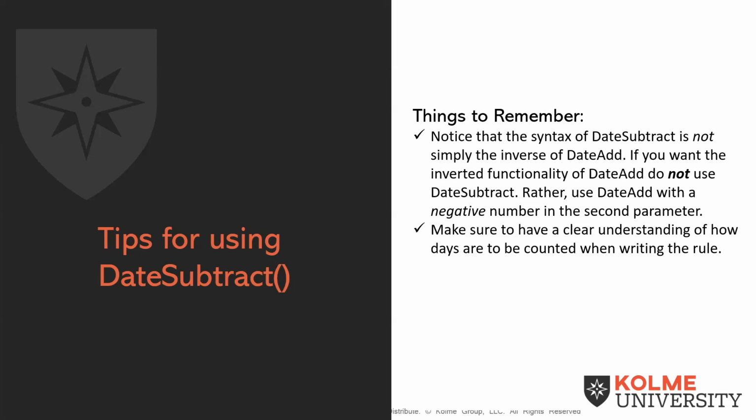This next point, if you don't mind, I'll take this one, which is make sure you have a clear understanding of how days are counted when writing the rule. Because remember, these are not just dates you're subtracting from each other. These are date times, and we're looking for a duration in between them. And so depending on the time that's associated with it, the duration is going to be different. It may not be a full day.